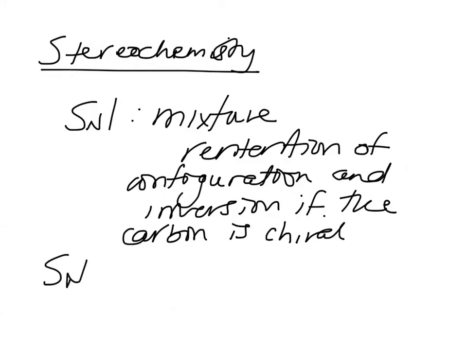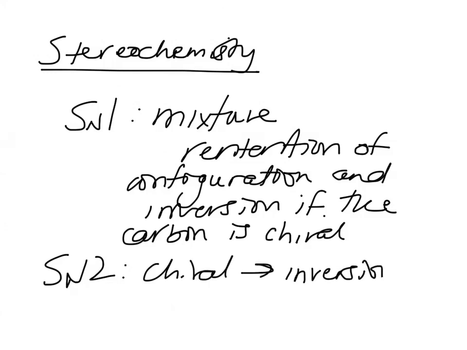For SN2, if the carbon is chiral, you have inversion. So that summarizes SN1 and SN2 reactions, and I'll give you some problems on how you decide which is favored.